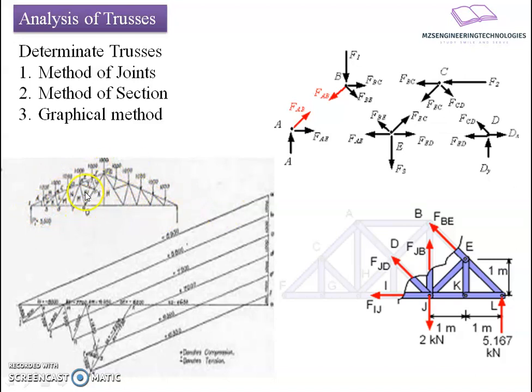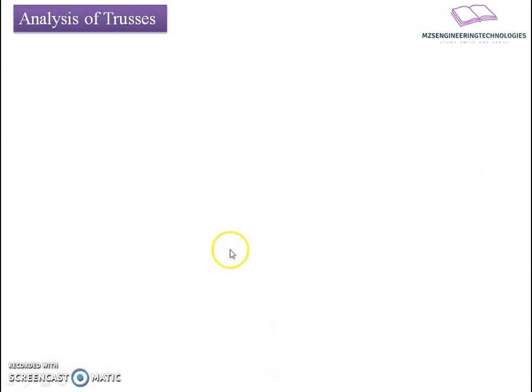This type of graphical method is applied in case of complex geometry and large structures which become hard to analyze either by method of joints or method of sections. In that case, we go for a graphical approach, especially in case of designing of roof trusses.